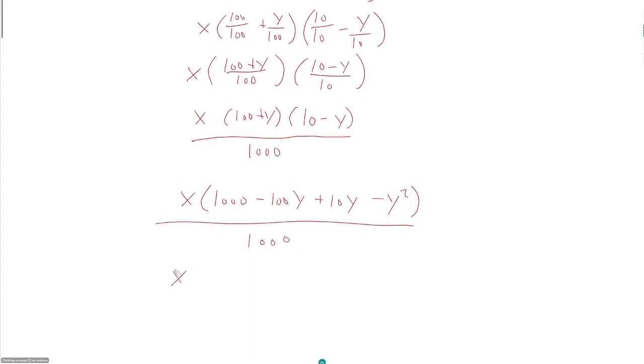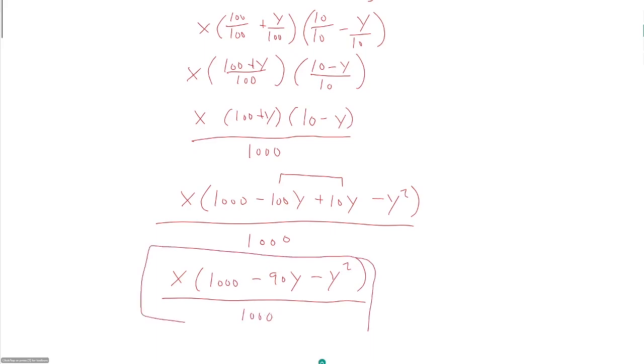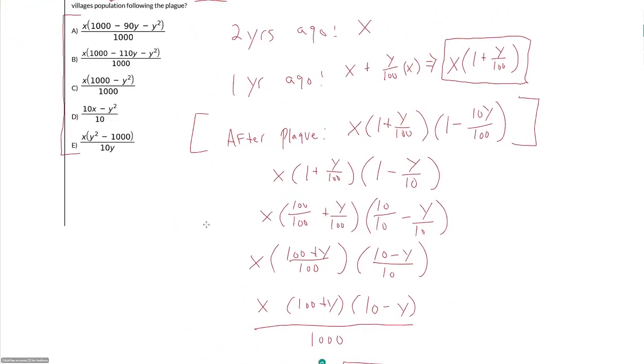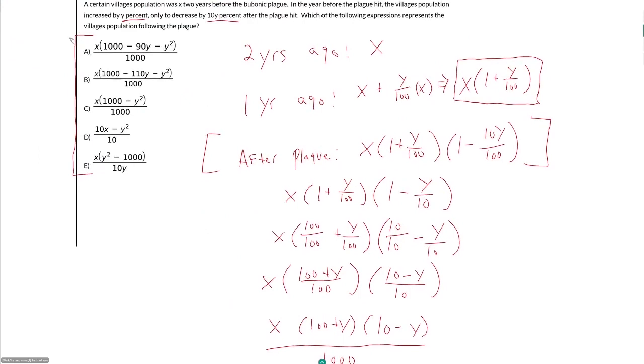So this would be x, and the only thing to do is combine our middle terms here, times 1,000 minus 90y minus y squared all over 1,000. Now, hopefully one of our answer choices is this expression here. It looks like A is what we came up with. That is the answer choice.